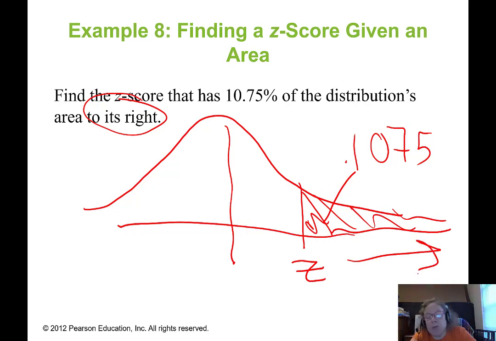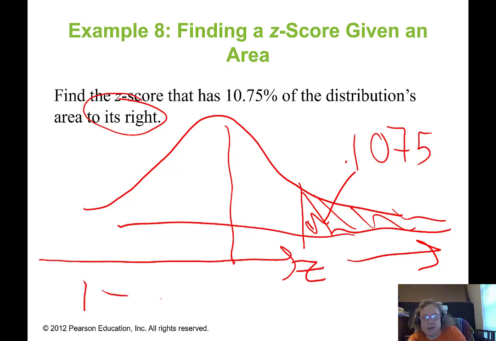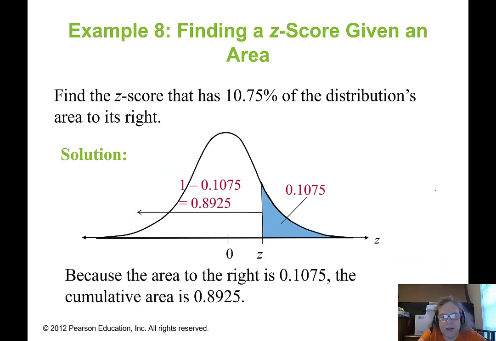Well, again, our table only knows how to look at cumulative areas from negative infinity up, so we're going to have to figure out what the probability is that goes up to that z. How do we figure that out? Well, we're going to take 1 minus 0.1075. Moving along, there it is. Because the area to the right is 0.1075, the cumulative area is 0.8925.